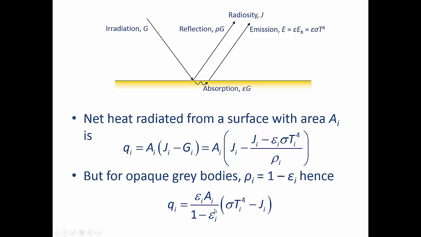With a little bit of rearrangement, I end up with the result that Qi equals epsilon i Ai over 1 minus epsilon i times sigma Ti to the fourth minus Ji. So that tells me about the net heat radiated from one of the surfaces.